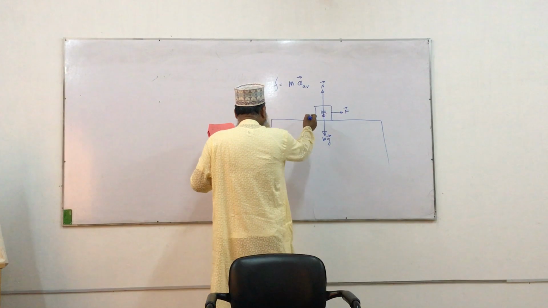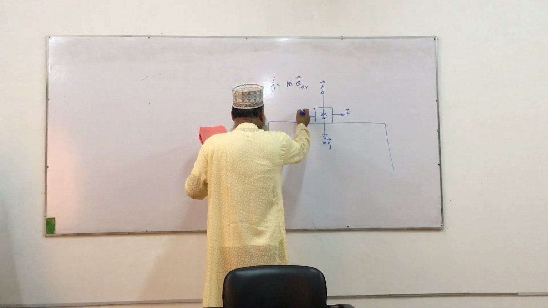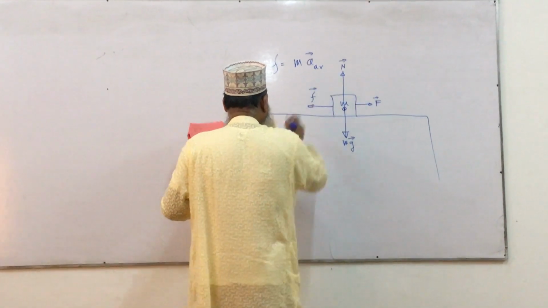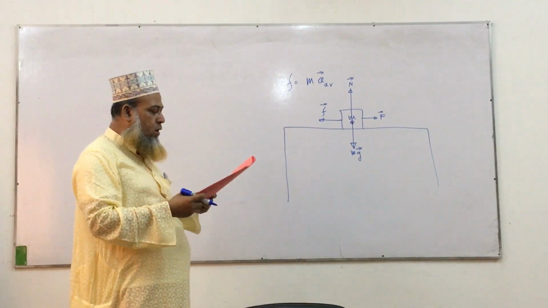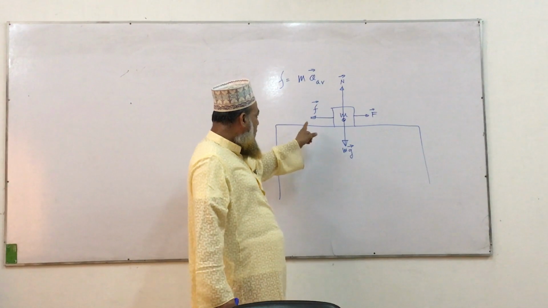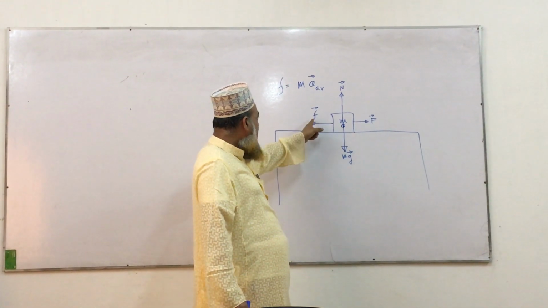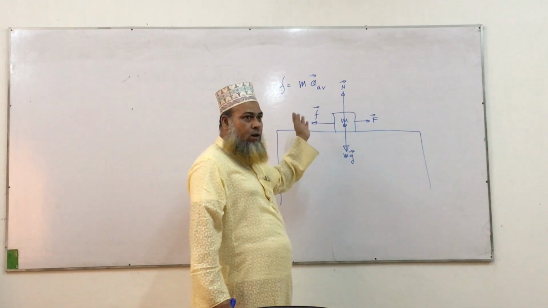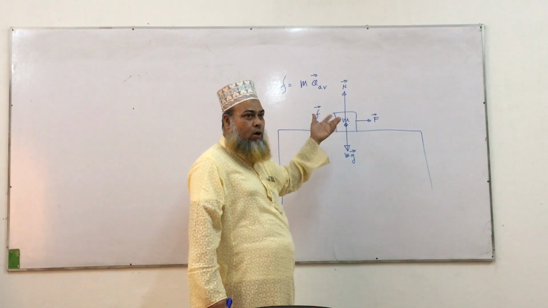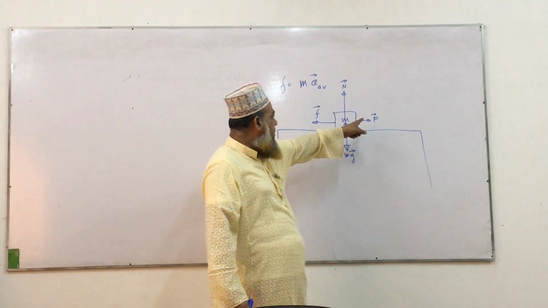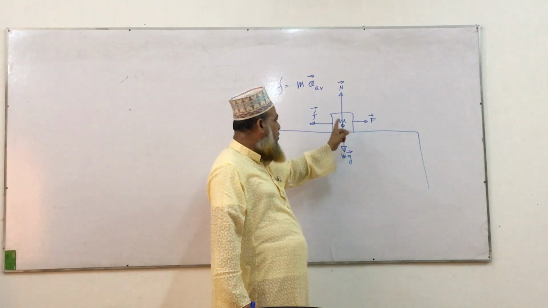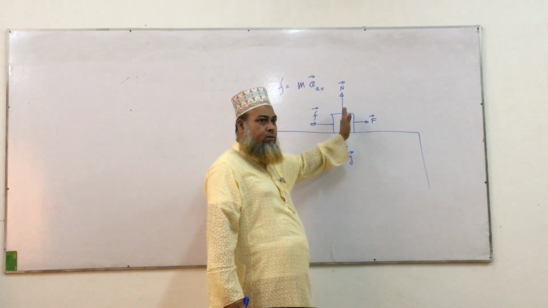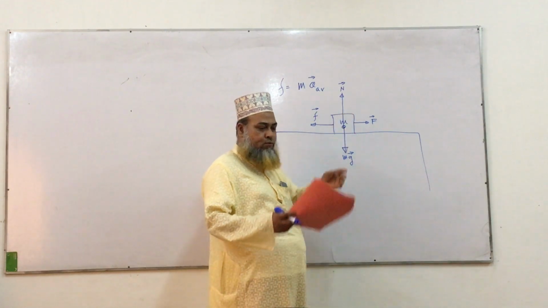Then what will be the frictional force? The frictional force will be in this direction. As long as the applied force F is small, the frictional force balances it and no motion occurs. Whenever our applied force is sufficient, it will overcome the frictional force and the block will start to move.